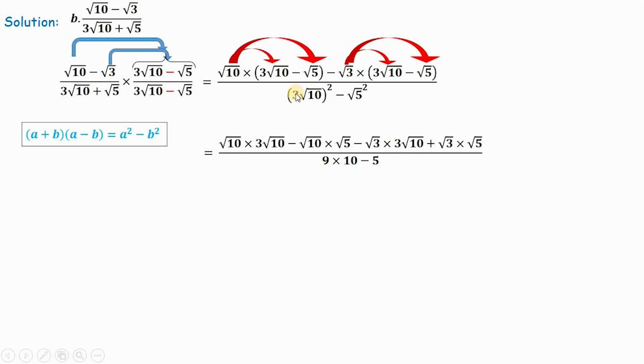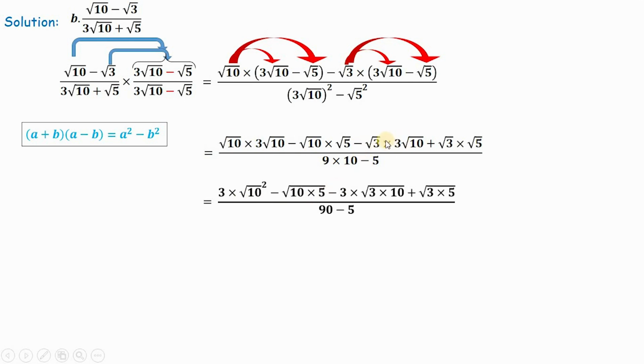And in the denominator we get 3 square is 9, and root 10 square is 10, and minus root of 5 square is 5. So we'll multiply this: 3 into root 10 square, minus root of 10 into 5, minus 3 into root of 3 into 10, and plus root of 3 into 5.